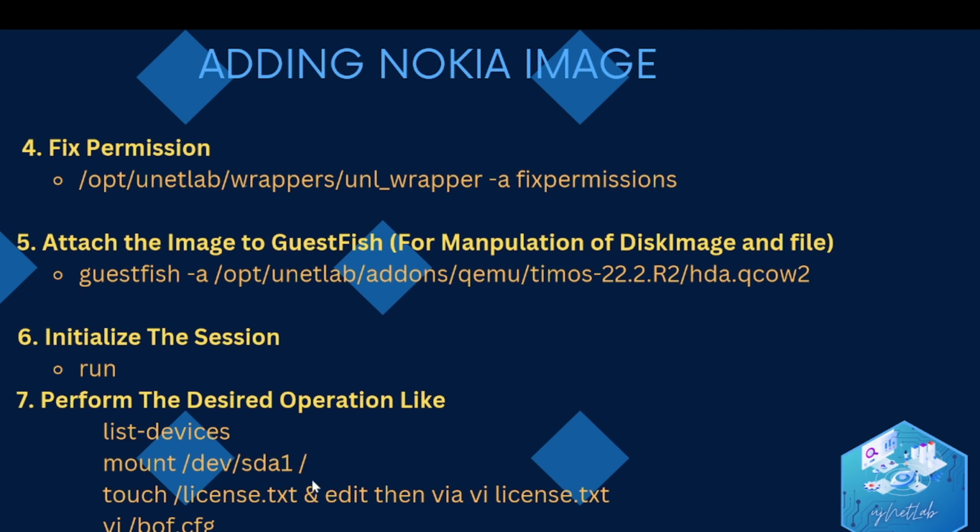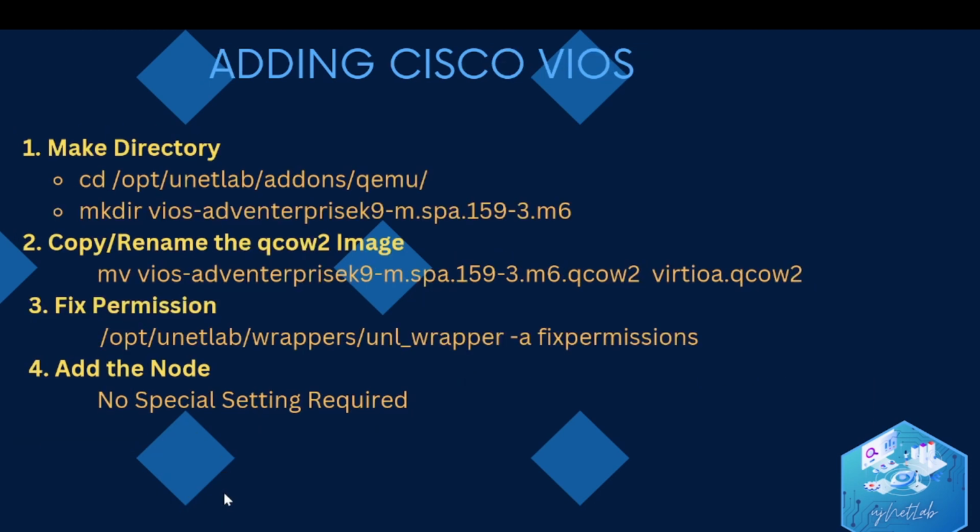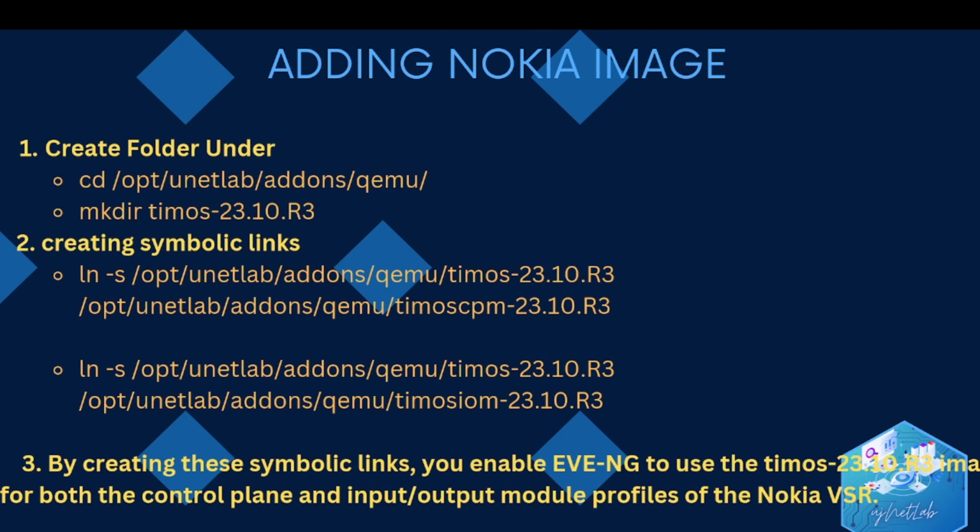And then for the license, you need to update the license definitely, and you can also verify and change the BOF parameters. Again you will fix the permissions, then you will add the node, you will add the CPM, you will add the IOM card, and then you will link it, you will give the license path, and this is all we have to do in the Nokia image.